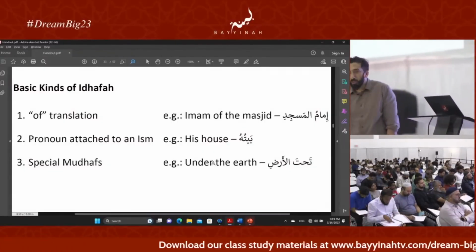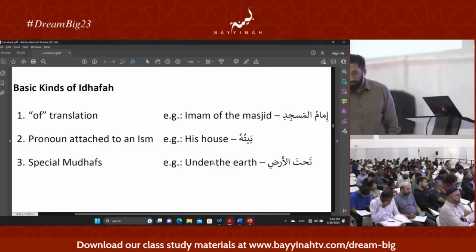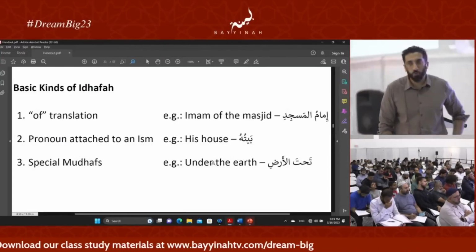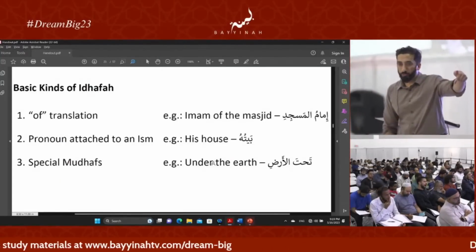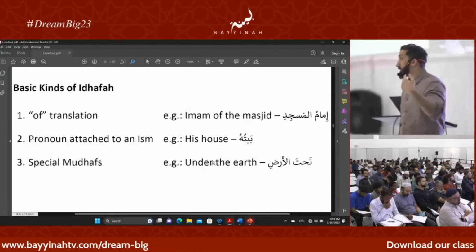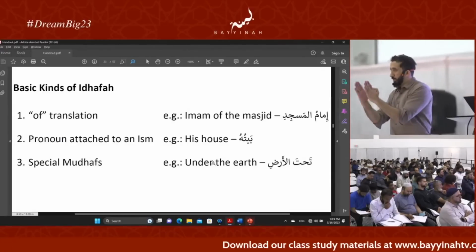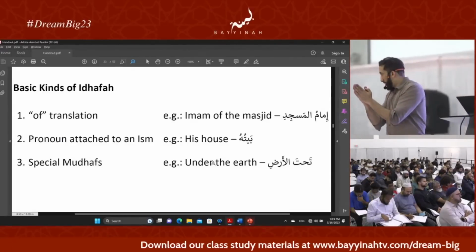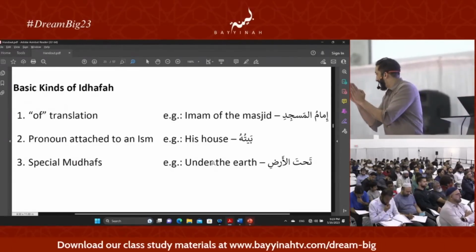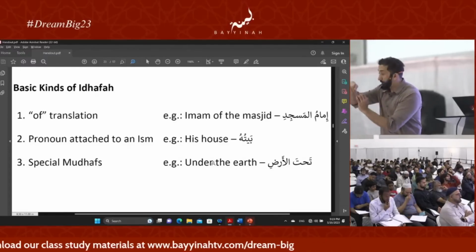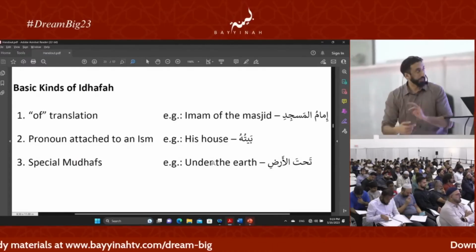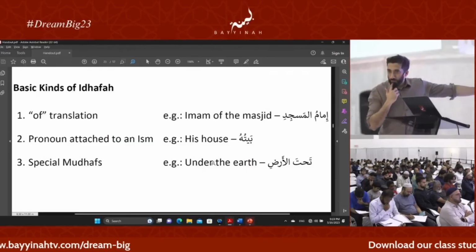There are 3 basic kinds of idafa. The first one, I already told you, has what translation between the mudaf and the mudaf ilayh? Of. The second one, I just showed you: whenever an ism comes with a pronoun, the pronoun becomes mudaf ilayh, which means the ism becomes mudaf. That's number 2.